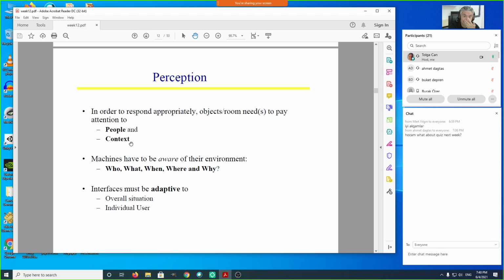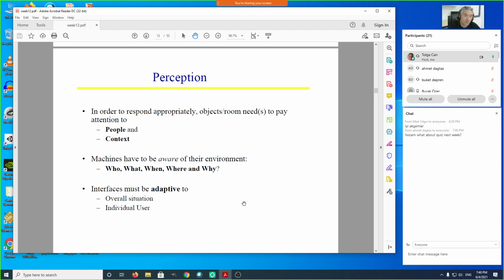What is this user's task? And a perceptual machine has to be aware of its environment, who is doing what, this person is doing what, when, where, and why. And therefore intelligently they should be adaptive. So we have seen adaptive interfaces which have some intelligence in them, to adapt themselves automatically.